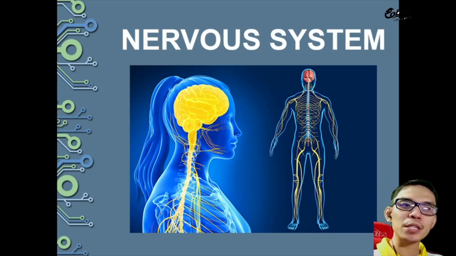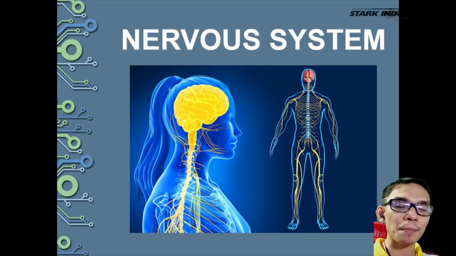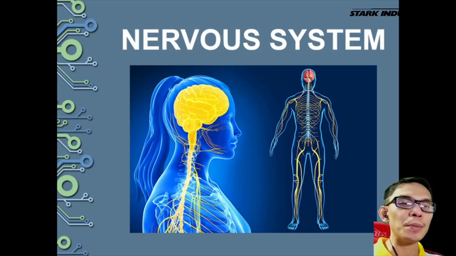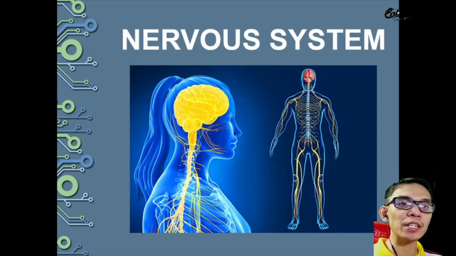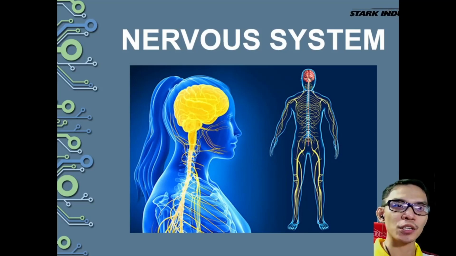We are answering the question here: what makes up the nervous system? Aside from having the brain, spinal cord, and a bunch of nerves found in your nervous system, what are the things that make up these organs? If you remember your discussion in a lower level, like grade 7, you encountered a topic called the organization of life.